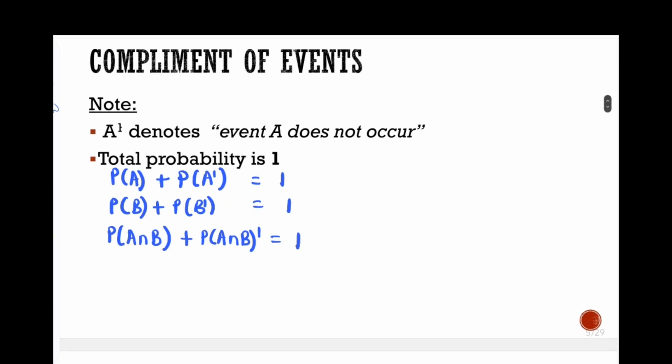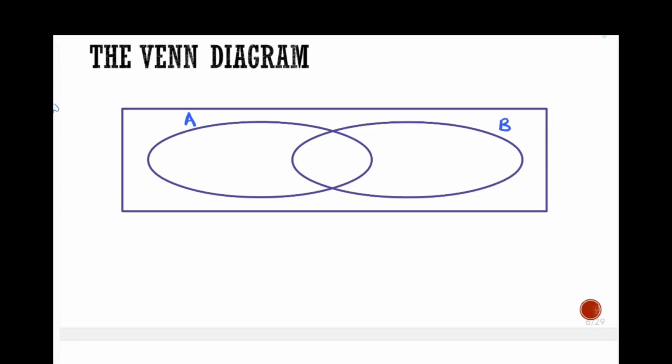It could still extend to the union. The probability of A union B occurring plus the probability of A union B not occurring, or A union B complement, must still give 1. So that is what we mean by complement of events.